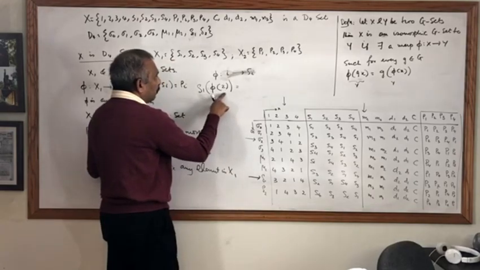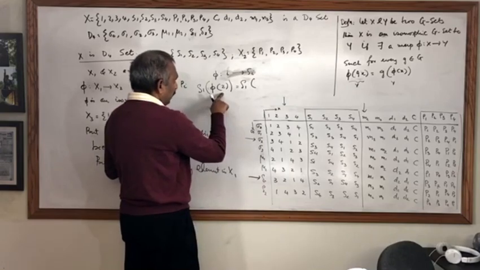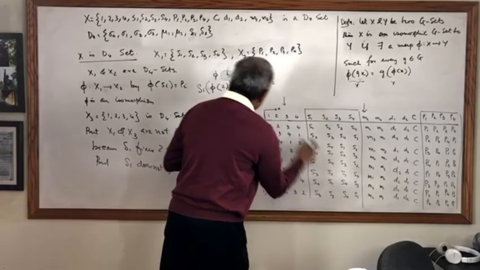Phi of delta 1 of 2 is phi of 2, since delta 1 of 2 is 2, and that is S2. But delta 1 of phi of 2, phi of 2 is S2, and delta 1 of S2 is S1.